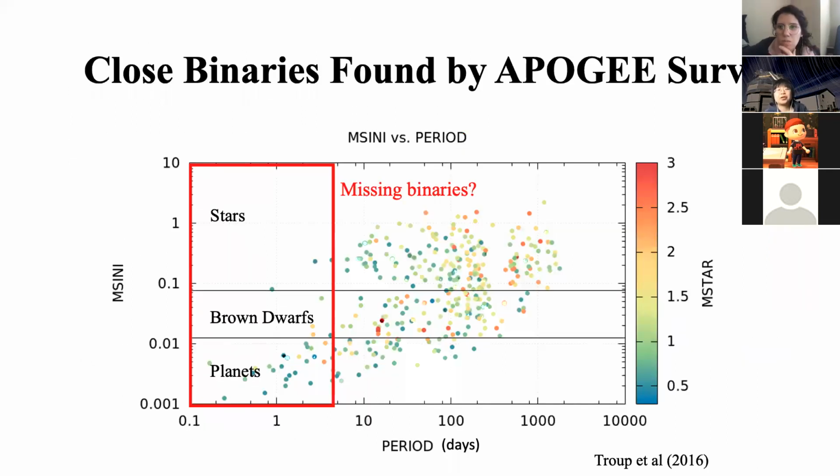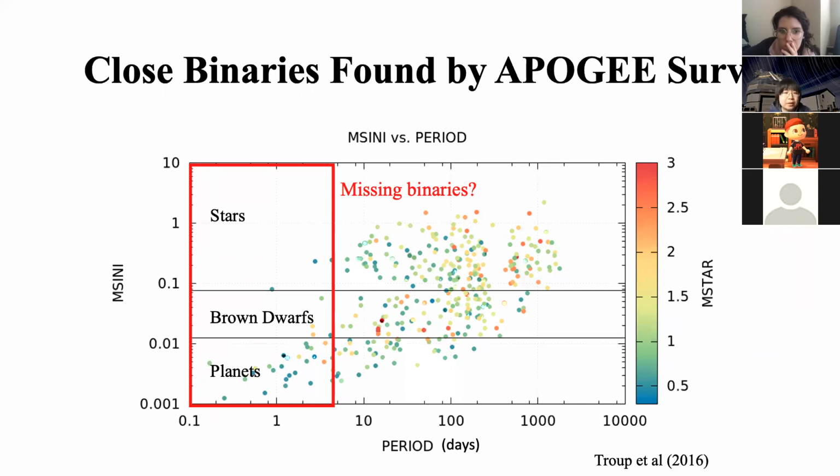Okay, after talking about the specific case of the WASP-12 system, here is a more general case, the APOGEE survey. APOGEE binaries are ideal sources to study tides because the first point is that it contains all types of stars, varying from dwarfs to giants.